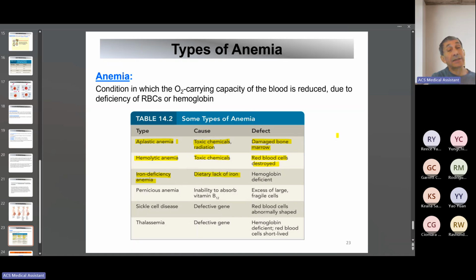Usually this is a common question for the exam, because they're going to ask you which type of anemia is due to lack of iron. Iron deficiency anemia. Or they're not going to give you dietary lack of iron, it's due to dietary deficiency or something.